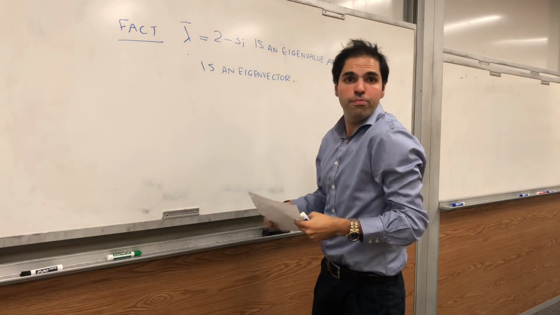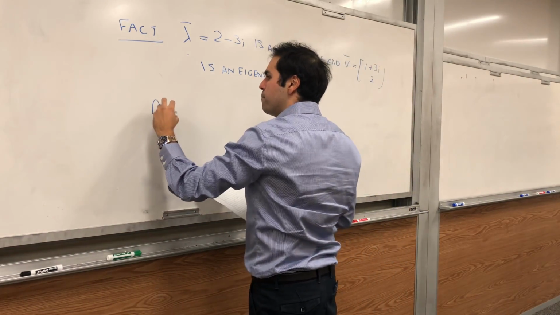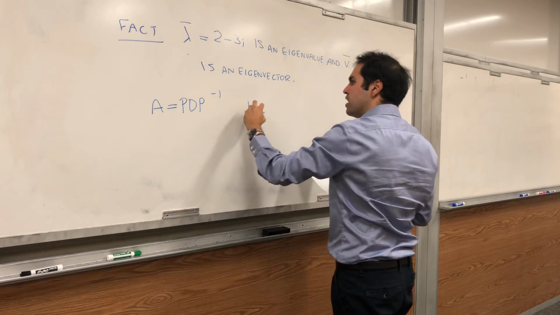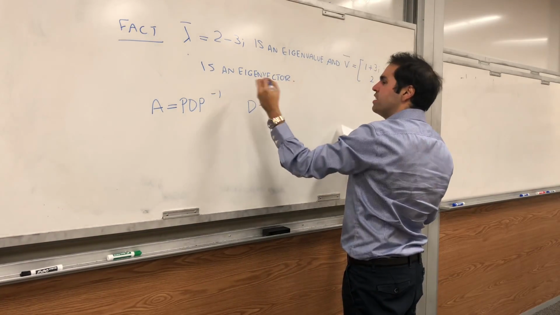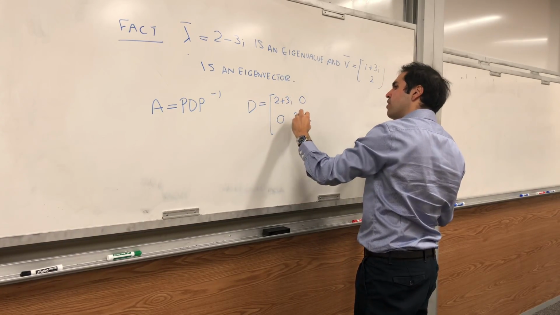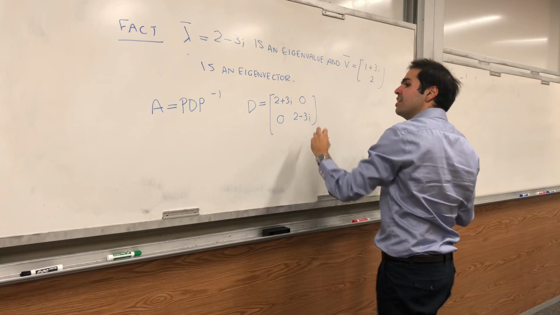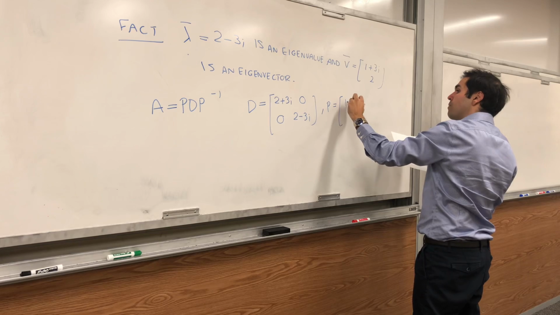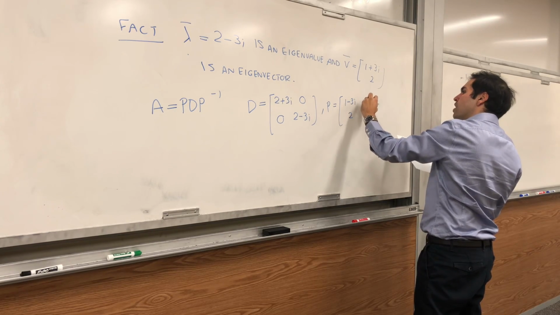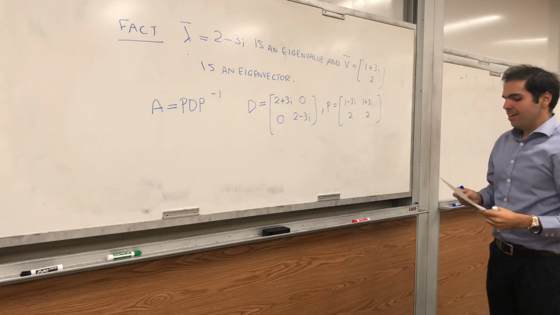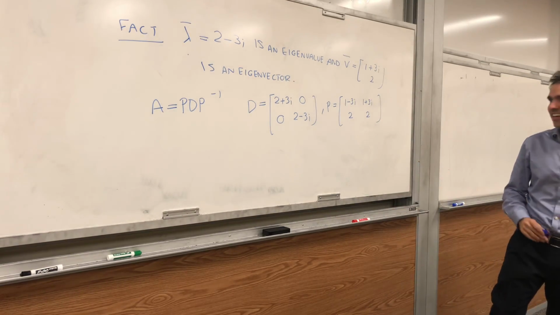And so if people ask you, find P and D, such that A is PDP inverse, then D, as usual, will be the matrix of eigenvalues, which is 2 plus 3i, 0, 2 minus 3i, and P is your matrix of eigenvectors. So 1 minus 3i, 2, and 1 plus 3i, 2. All right, that's one way, okay?